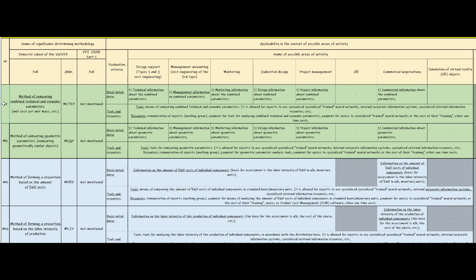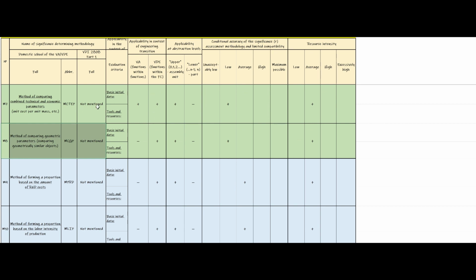M7. Method of comparing combined technical and economic parameters, unit cost per unit of mass, etc. And M8. Method of comparing geometric parameters, comparing geometrically similar objects. The M7 and M8 techniques can be applied to structurally and technologically comparable carriers of functions.